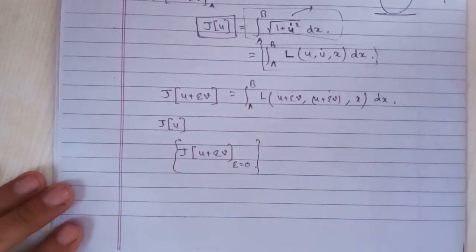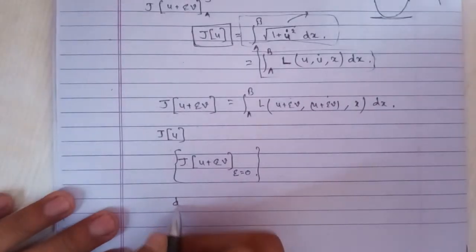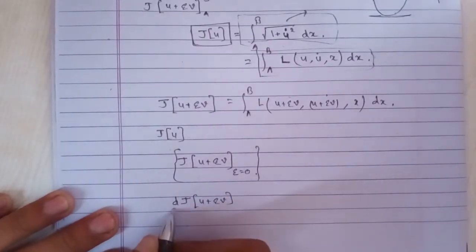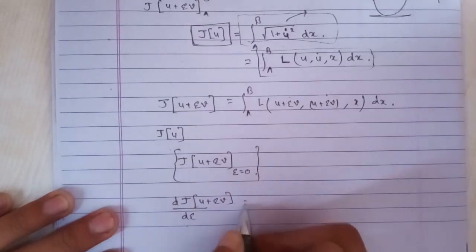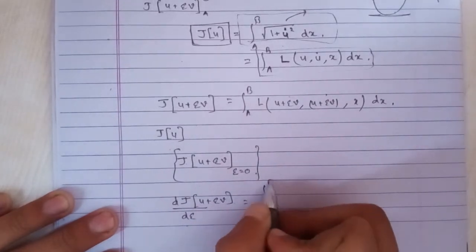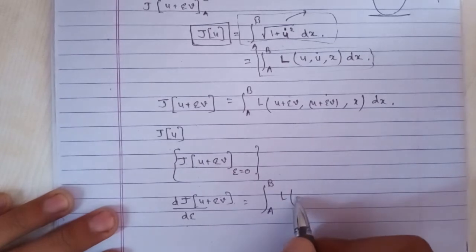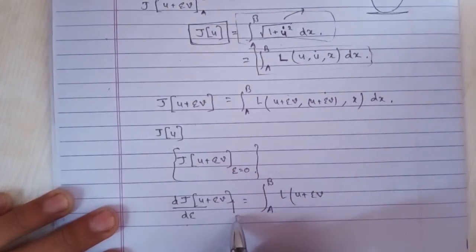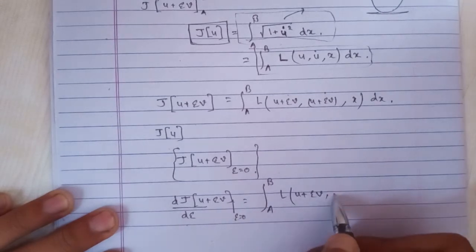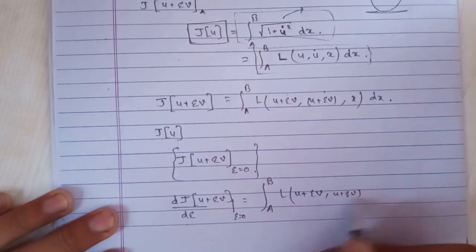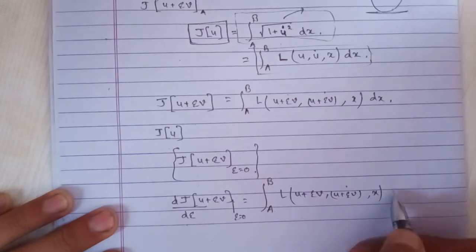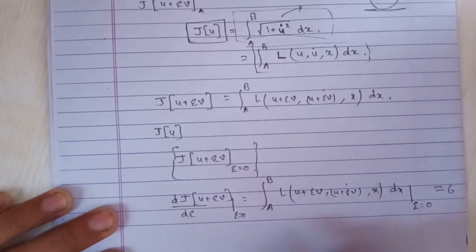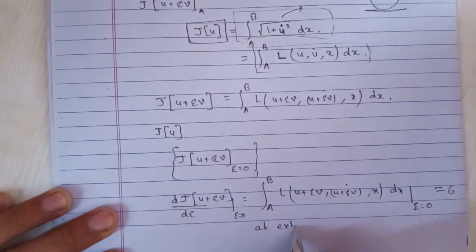So what we can do now is dJ[u plus epsilon v] divided by d epsilon, which will be the integral from a to b of L of u plus epsilon v, u plus epsilon v dot, comma x, dx, for epsilon equals 0 will be 0 at extreme points.